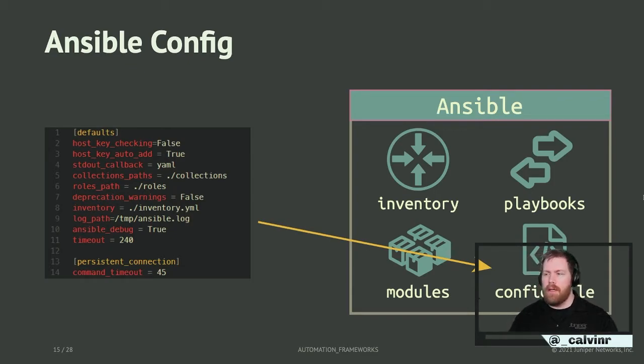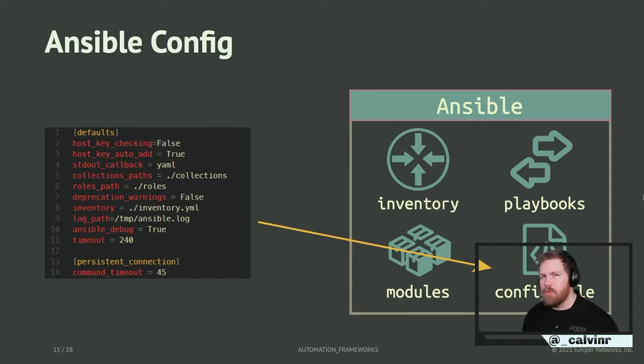Ansible's config file is the only thing that's not written in YAML, probably yet. It's written in an INI format. Again, pretty easy to understand. Key value pairs separated by an equals sign. Again, the intention of a config file is to overwrite the system defaults when working within an automation framework.